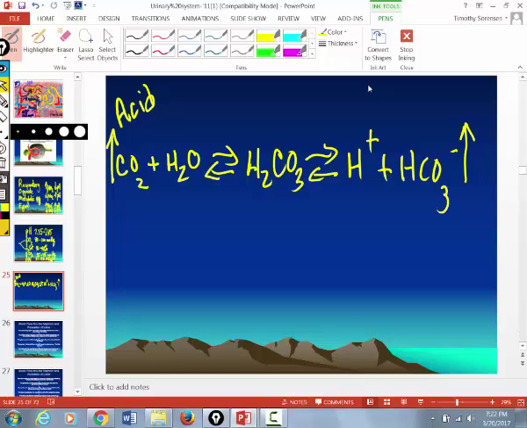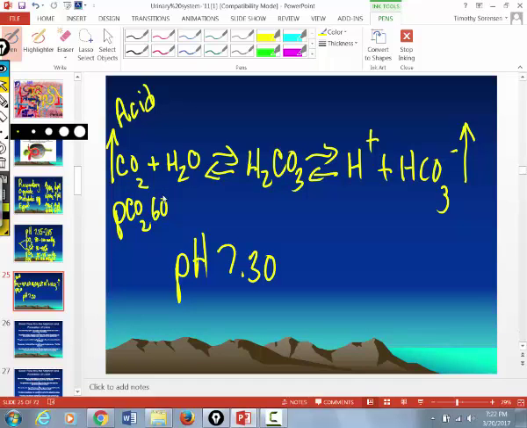Now, watch. Given this scenario, I'm making this up. The pH is 7.30. Is that an acid pH or a basic pH? It's an acid pH, right? And the PCO2, in this example, is 60.